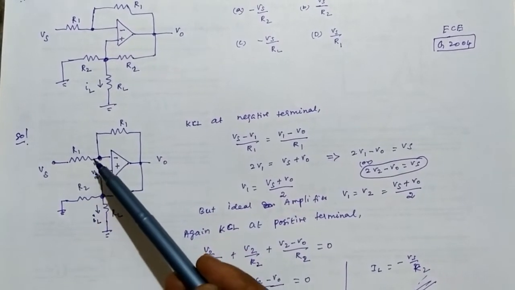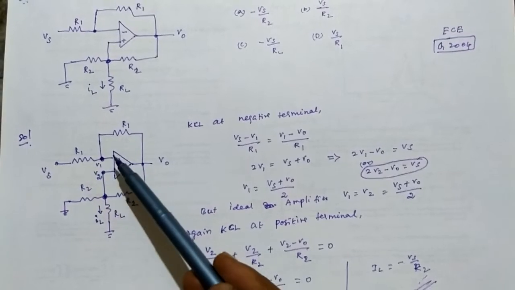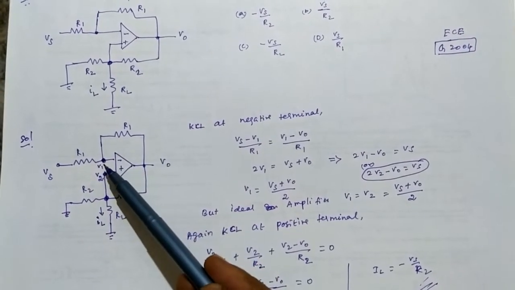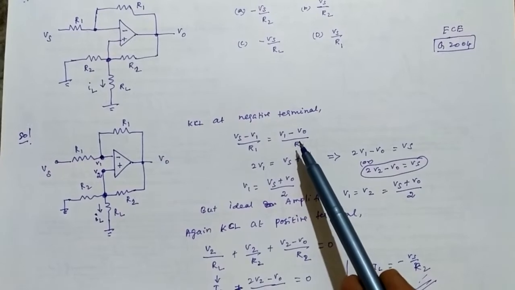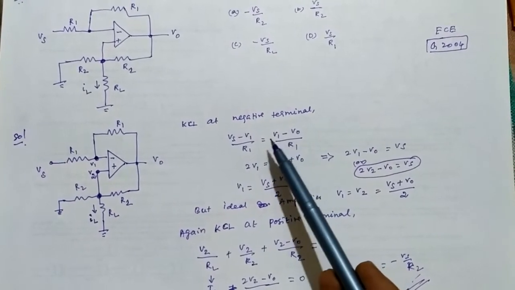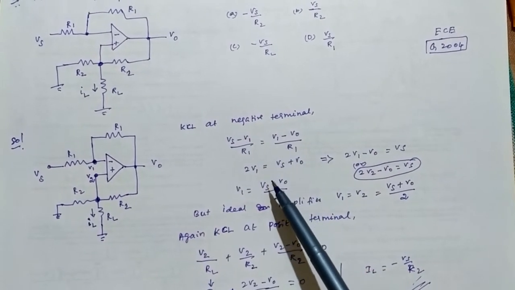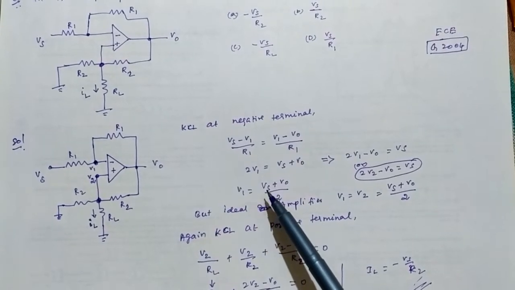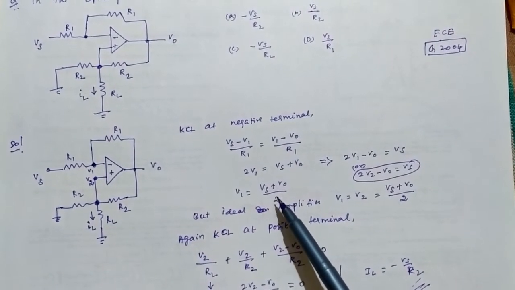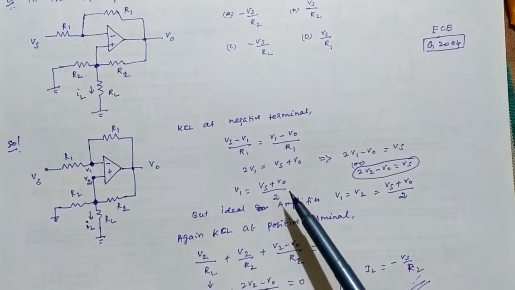The incoming current is Vs minus V1 divided by R1, and the outgoing current is V1 minus V0 divided by R1. If we simplify this, we get V1 equal to (Vs plus V0) divided by 2.